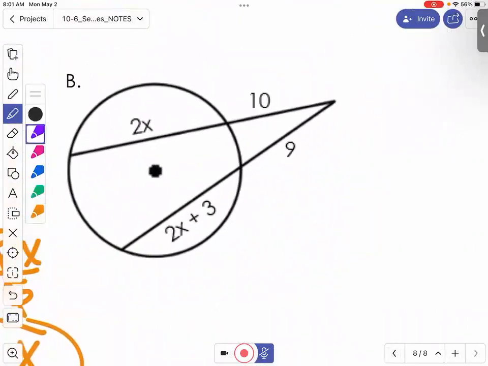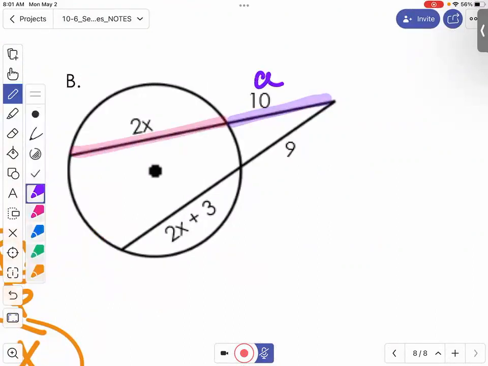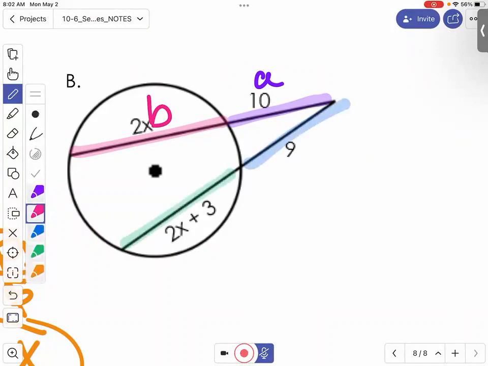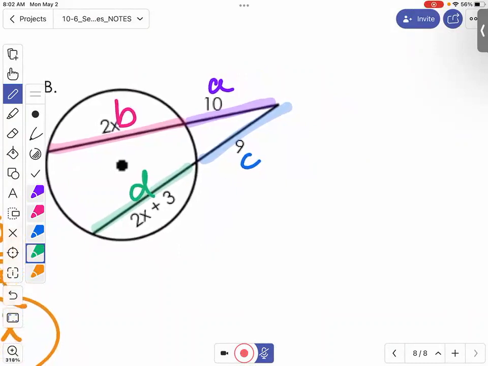So it's the same process. My A part has to be outside, my B part inside. And same idea for the other secant. C is outside, D is inside. So there's my C and there's my D. So let's plug this in just like we did the last time and solve this out.